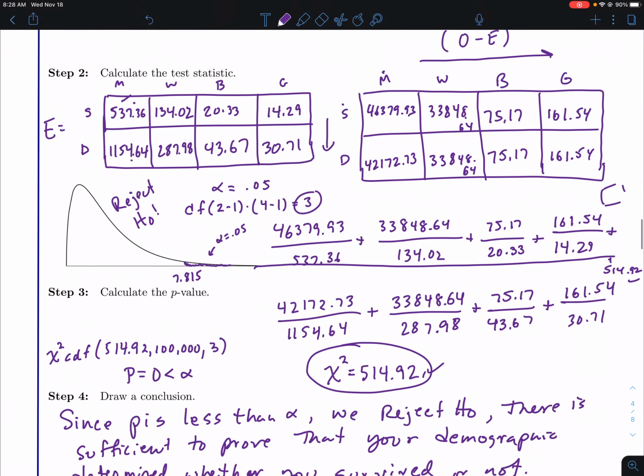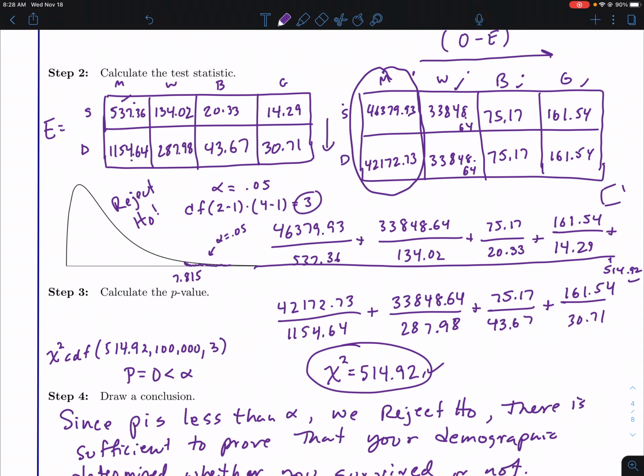And one of the things that's kind of nice about doing it this way, even though it takes a long time, is it shows where the discrepancy actually lives, like in your O minus E matrix. So notice in our O minus E matrix, the women, the boys and the girls were all pretty much exactly the same, but you can see in the men's column that that's where the big difference is, because if there wouldn't have been any difference, these O minus E's would have been pretty close to the same number.